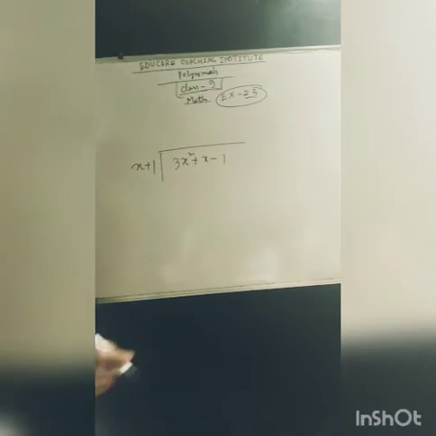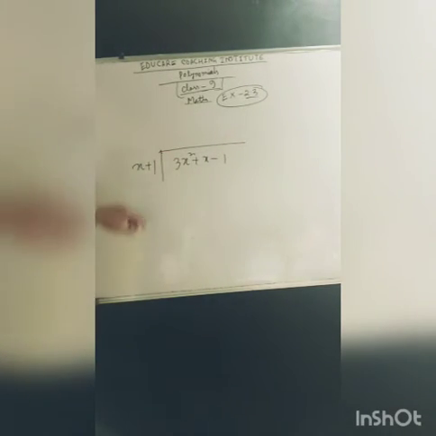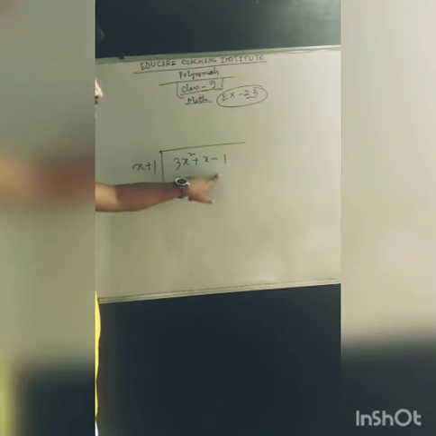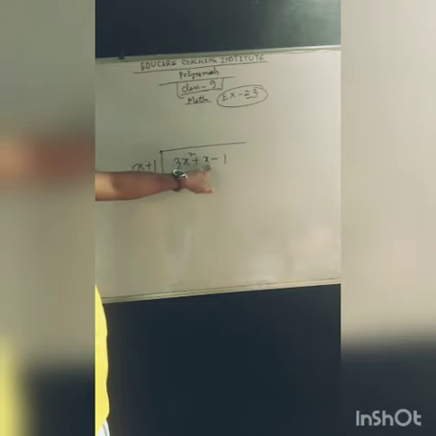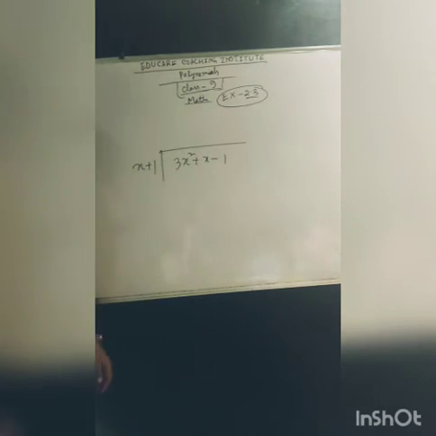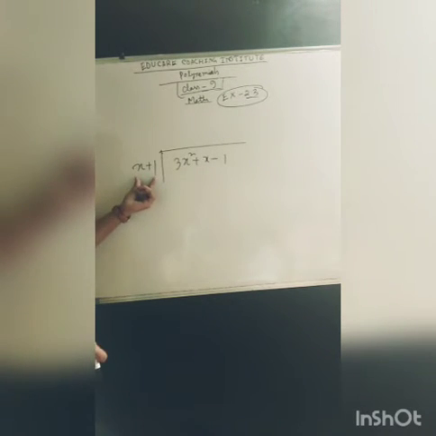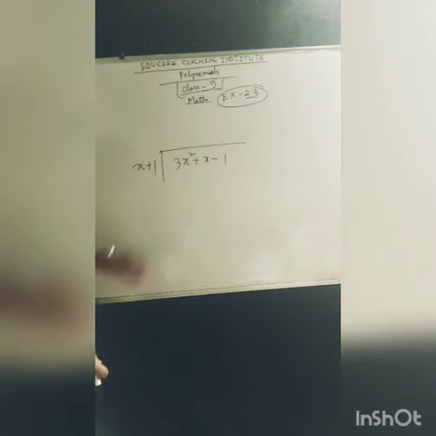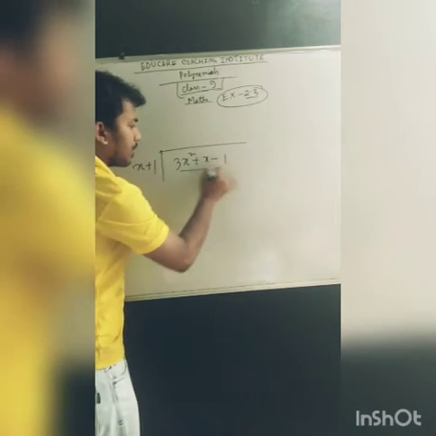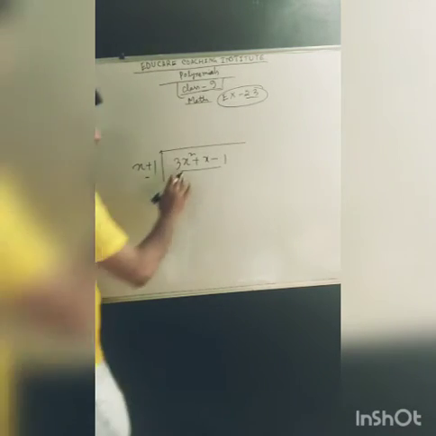See, an example based on the division rule. Here is the polynomial to be divided, 3x square plus x minus 1, and the divisor is x plus 1. If we have to divide this polynomial by this polynomial, what is the first step?